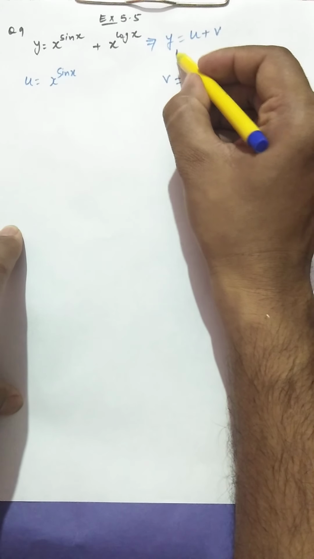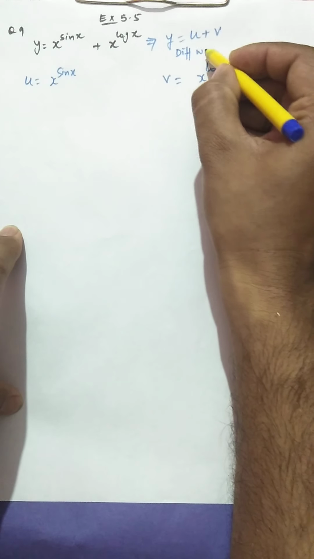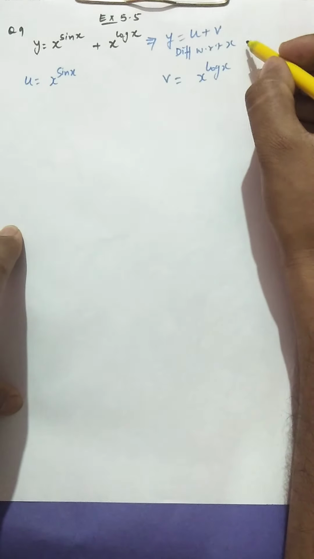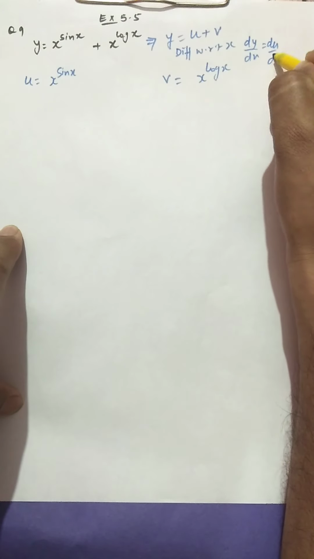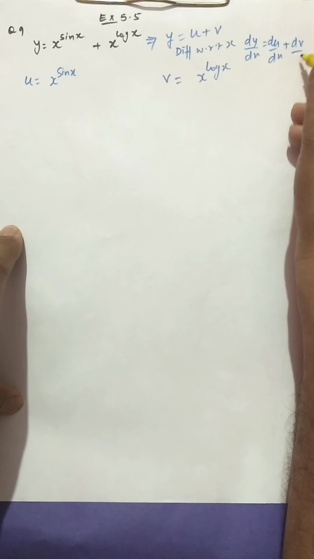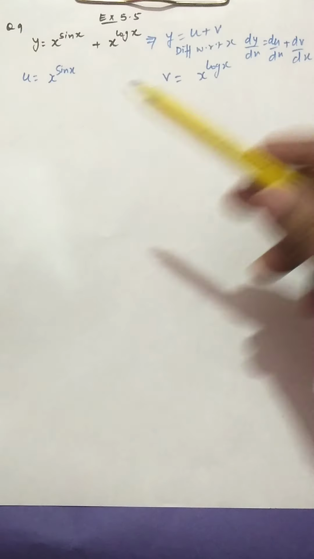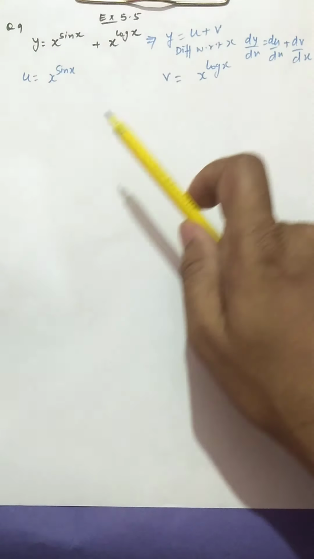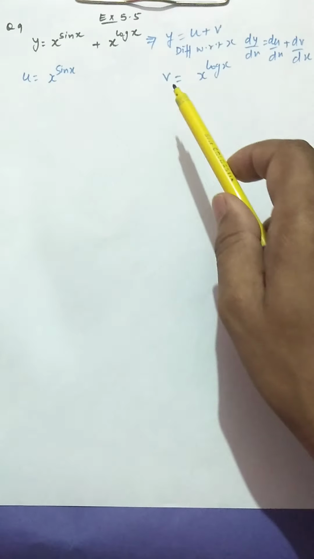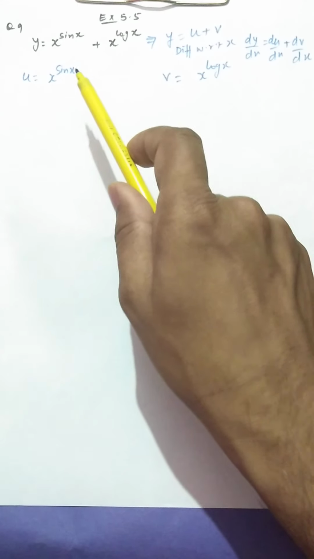If I differentiate this with respect to x, then dy by dx is du upon dx plus dv upon dx. So to get dy by dx, you have to find du upon dx and dv upon dx, and we have to solve them separately, differentiating both the functions with respect to x.